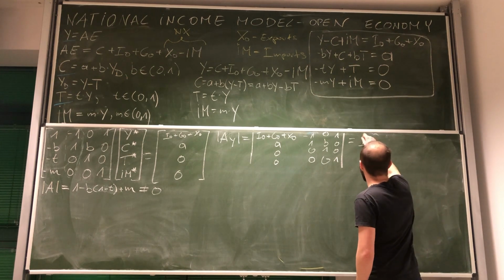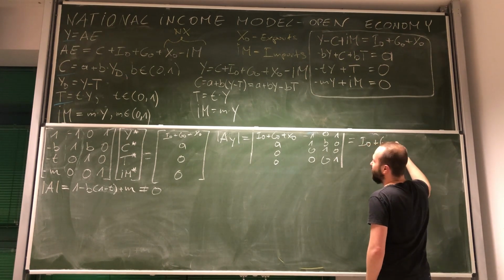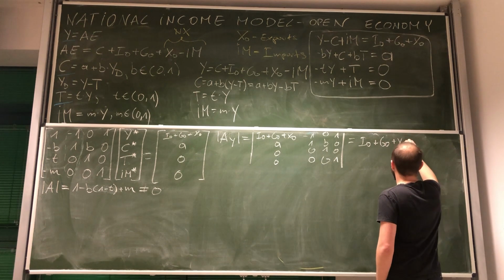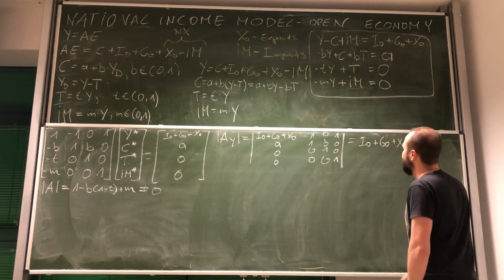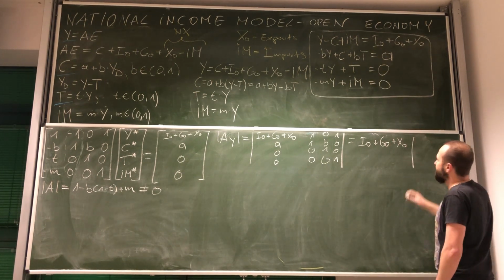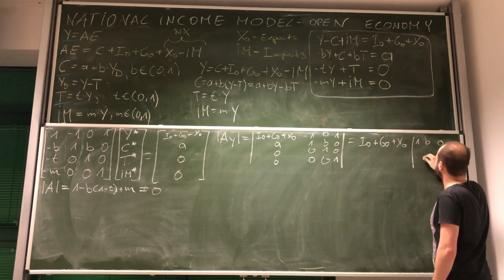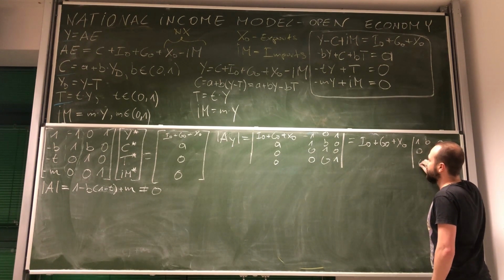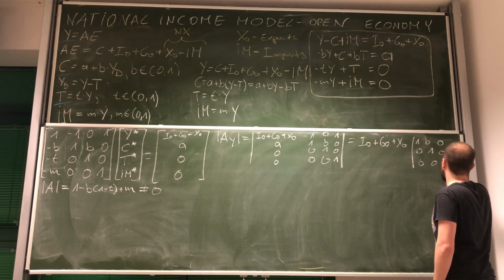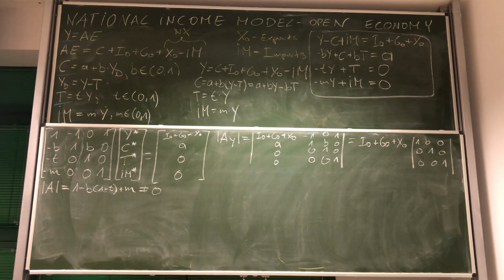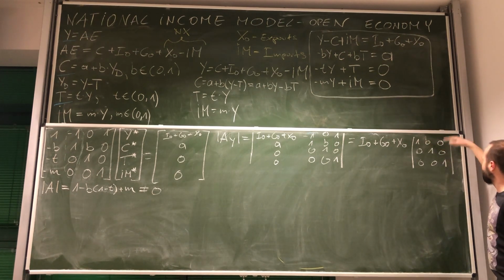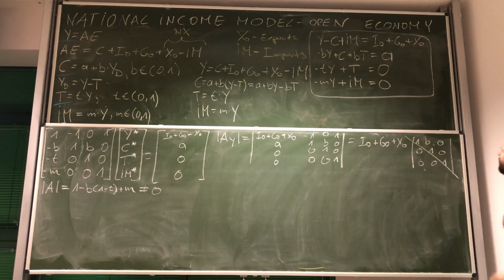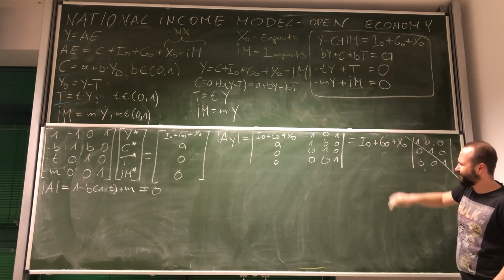So we've got that this is I0 plus G0 plus X0 times the determinant 1, b, 0; 0, 1, 0; 0, 0, 1. And look, you can see that actually this entire expression here is just 1, 0, 0, 0, 0, 0. So this is actually gone. This is all we've got.